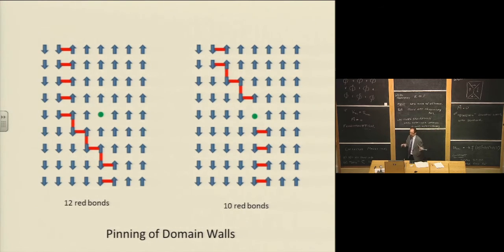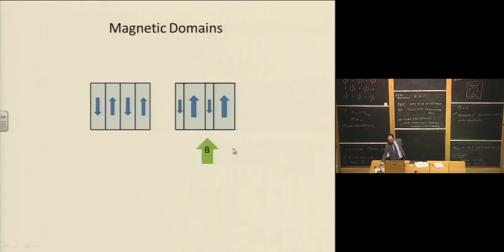By putting defects in the system, once the domain walls are in this configuration, you take away the magnetic field, but then they can't move back because they would have to give up some energy to move back to their original position, because they're stuck on the defects. That's the general physics of how you make a real magnet which has M not equal to 0. So far, so good?